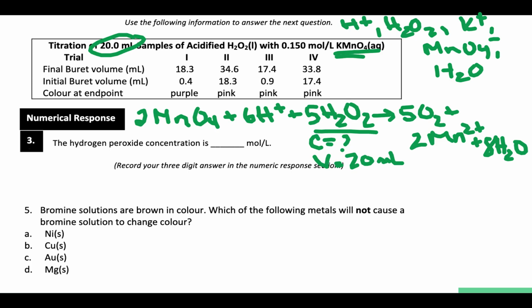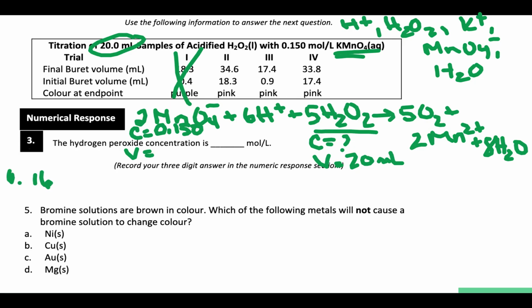And then coming over to the MnO4, we know the concentration of this is 0.150, and we can figure out the average volume. When we're taking a look at this, we want to include all values, but the fact that that first trial is purple and not in range with the other 3, we're not going to include it. So we're going to take the average volume of the other 3 trials, which will be 16.4 milliliters.